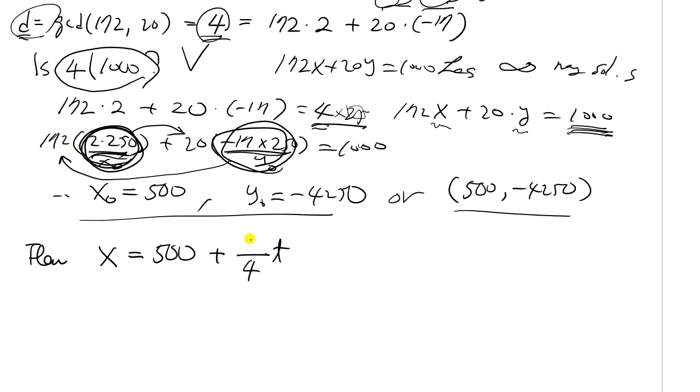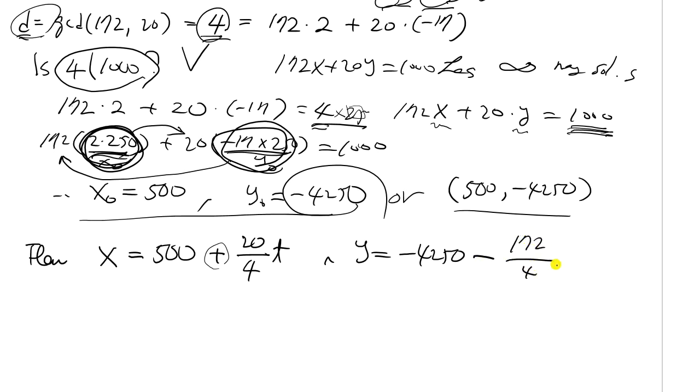Okay? So it's going to be 20, and y must be negative 4250, and another thing, minus, right? This one is plus and that is minus. Minus 172 over 4 times t. Of course, don't forget to mention this t must be an integer. Okay?